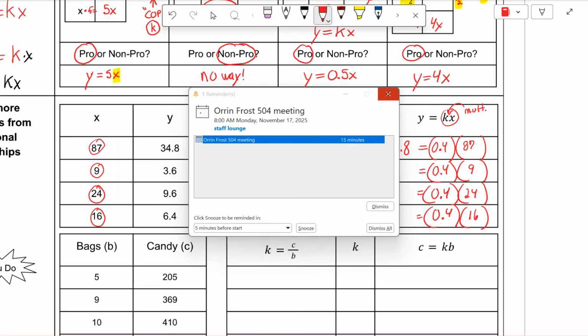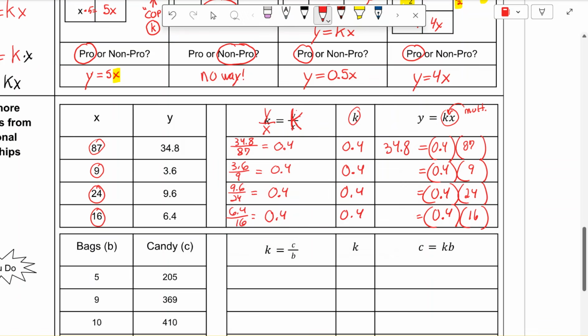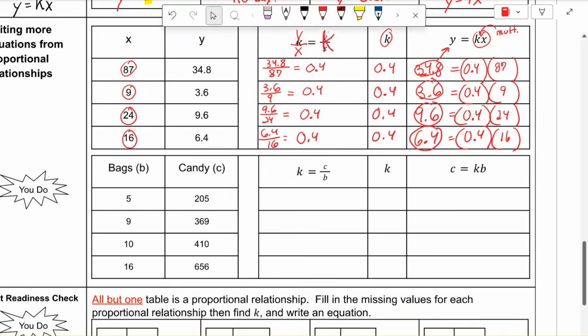The next one is going to be 3 and 6/10, 9 and 6/10, and 6 and 4/10. What are these numbers? These are the y's. So it's just another way to see how this comes out.